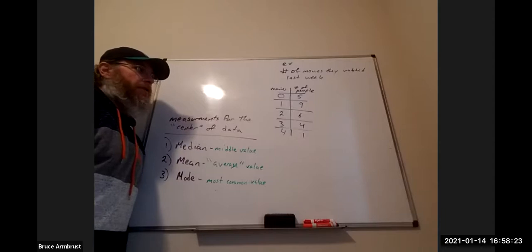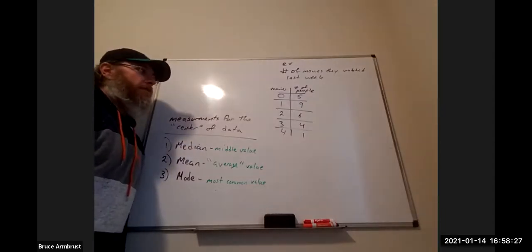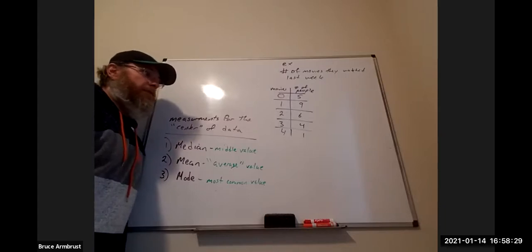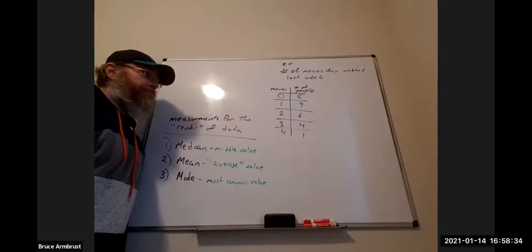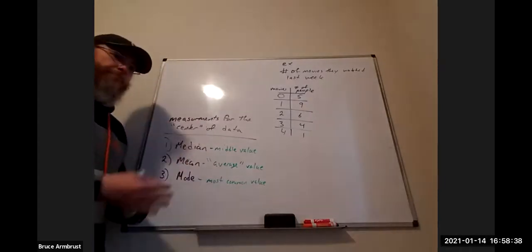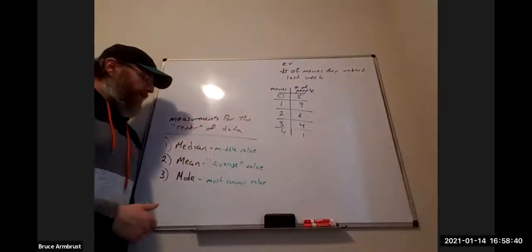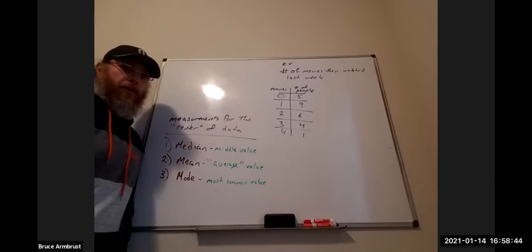All right, so out of those 25, 5 people didn't watch any movies, 9 of them watched 1, 6 watched 2, 4 of them watched 3 movies, and 1 person watched 4 movies over the week. All right, so here's a set of data. Let's look at it and figure out the median, the mean, and the mode.